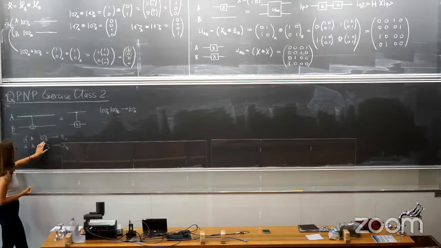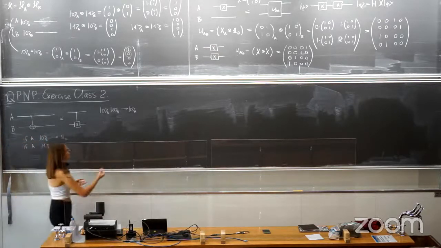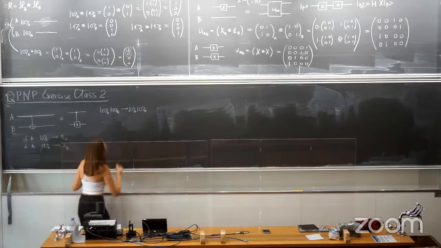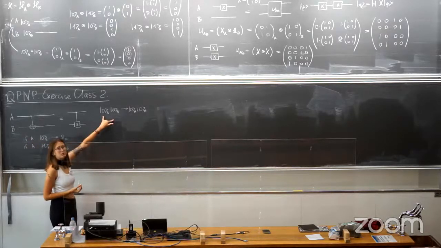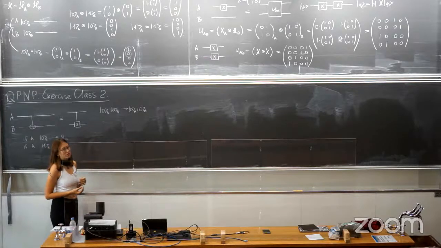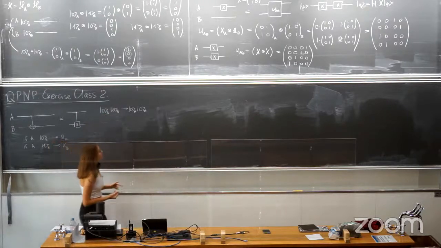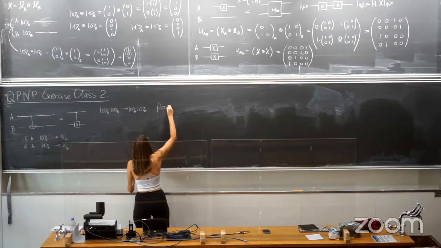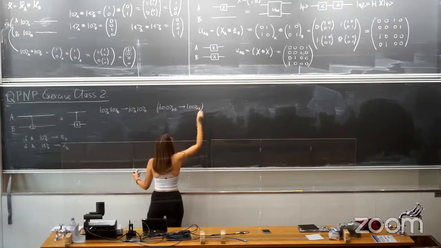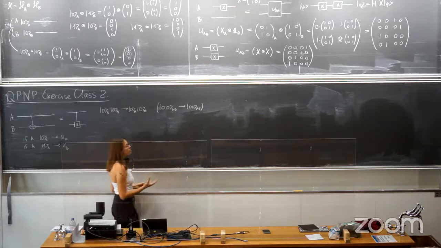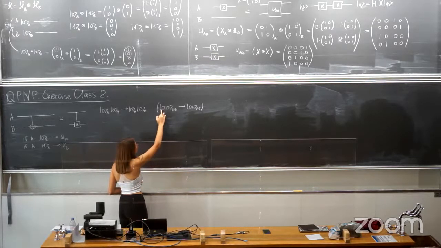Because A is in state 0, nothing happens on B, so it's still 0 on B. Just one note: when we write the states of composite systems, we sometimes omit the tensor product, but it is implied that this is the tensor product of 0 on A and 0 on B. Sometimes we write |00> on AB, where by convention the first label corresponds to the first qubit and the second to the second.